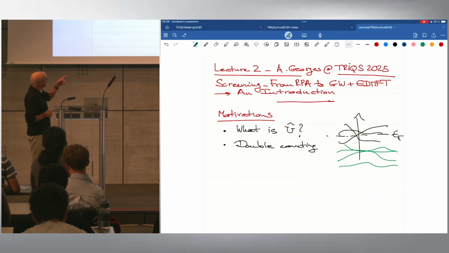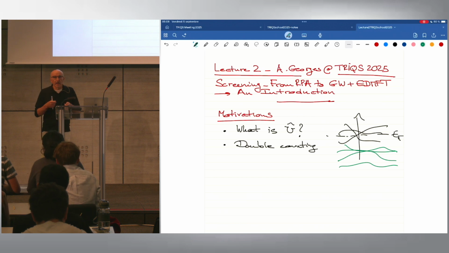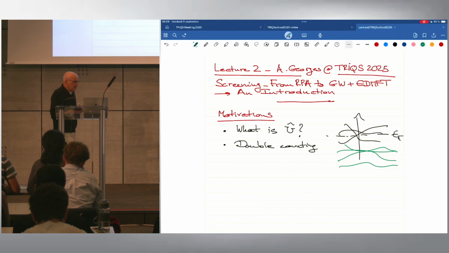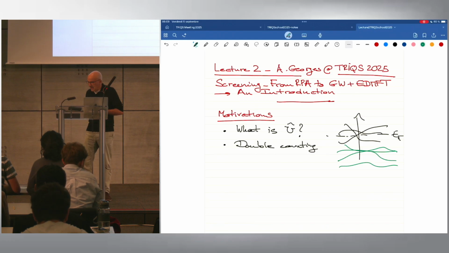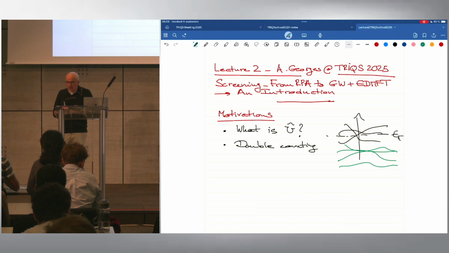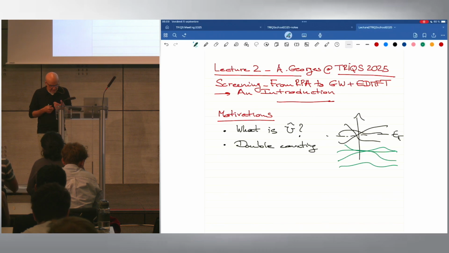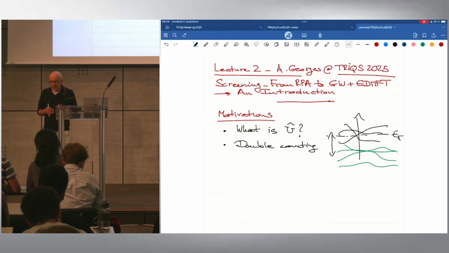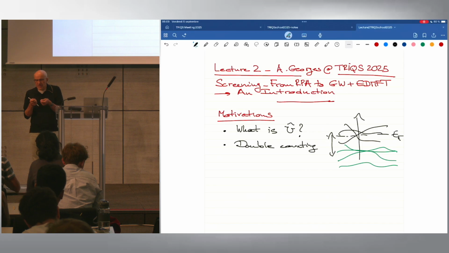Of course, the D-like states are hybridized with P, and the oxygens also have hybridization with the Ds. The double counting correction is, in practice, a way to tune the splitting between the P and the D states. So you see that there is something intrinsically ad hoc about it.